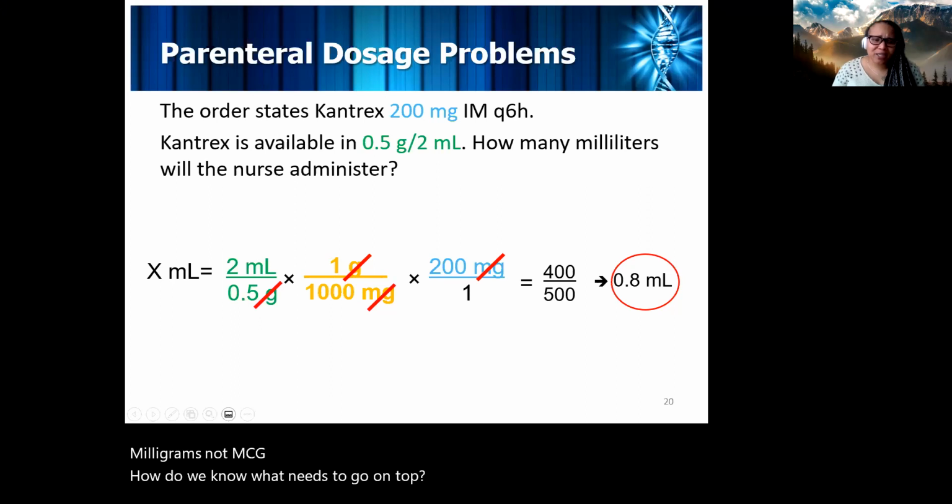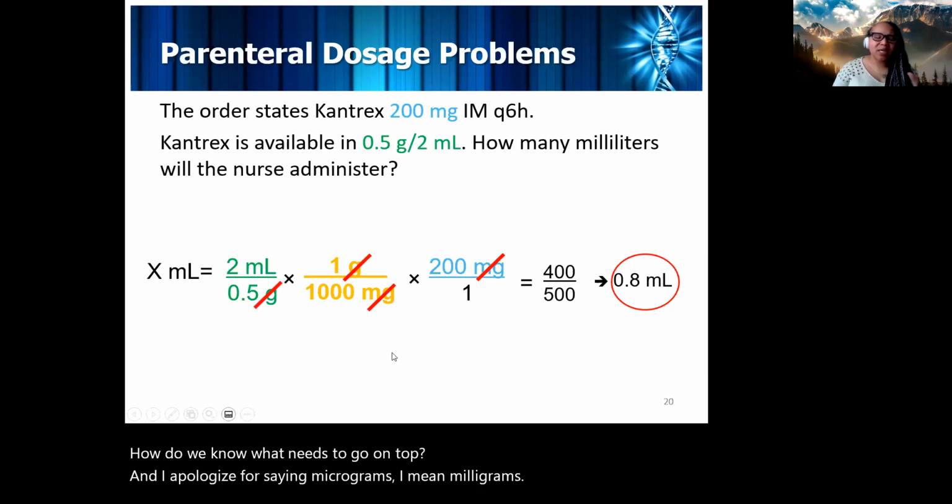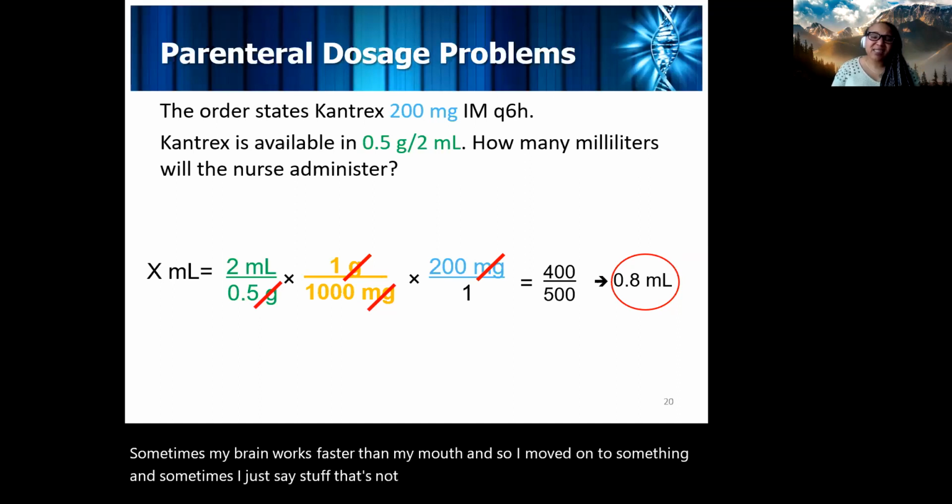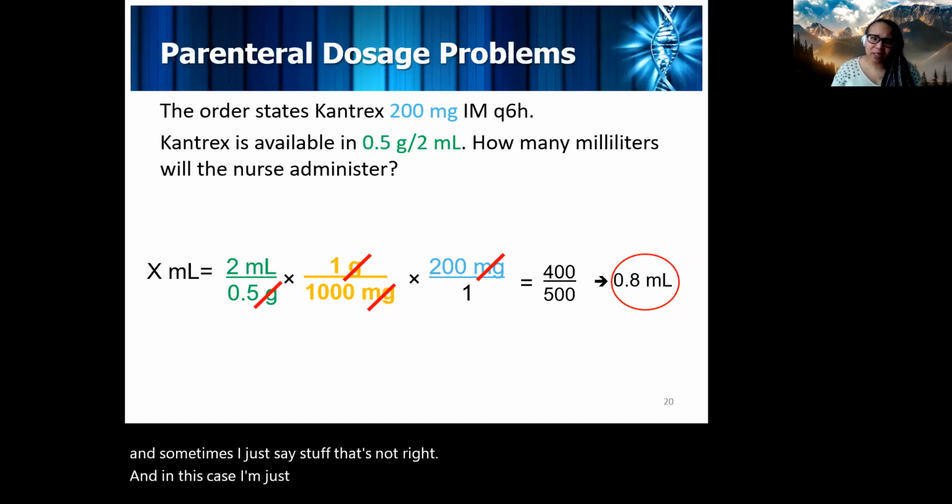And I apologize for saying micrograms. I mean milligrams. Sometimes my brain works faster than my mouth, and so I moved on to something. And sometimes I just say stuff that's not right. I meant micrograms.